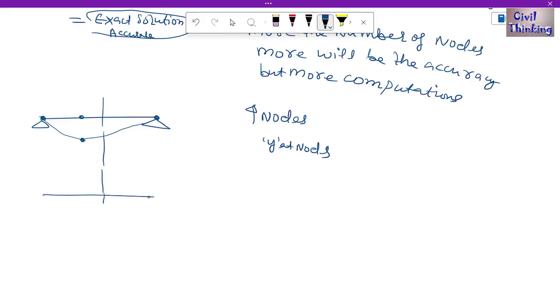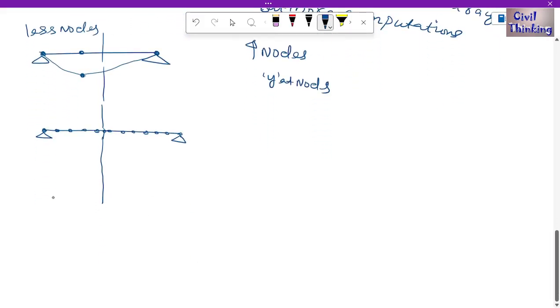Here we have fewer nodes. Now let us consider another scenario. We have a greater number of nodes now. Let us say this is the center. Here we have more nodes.